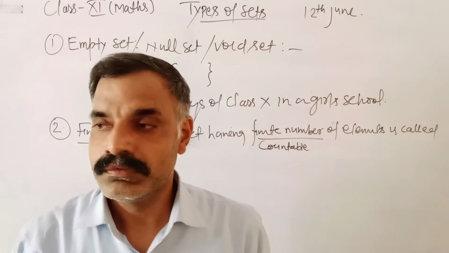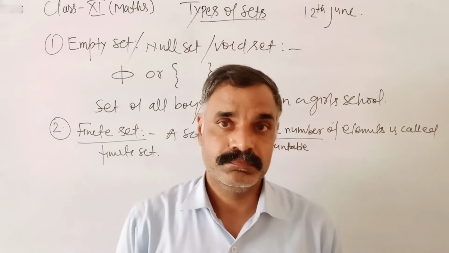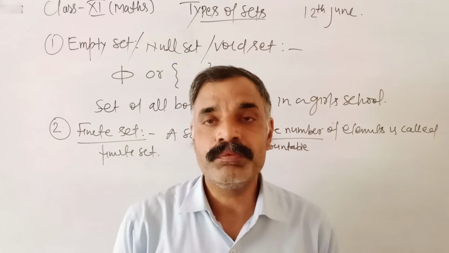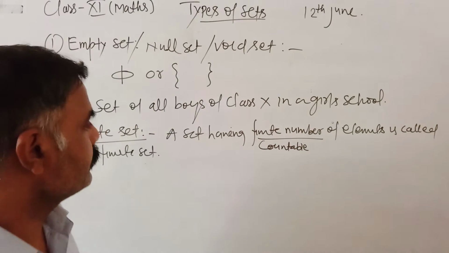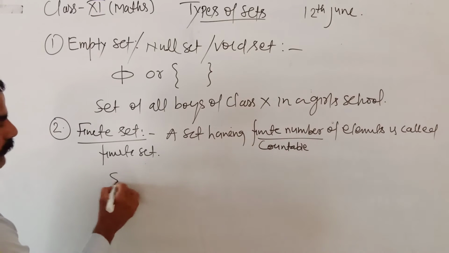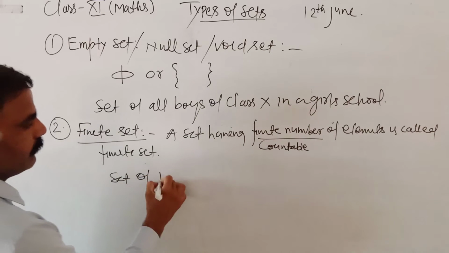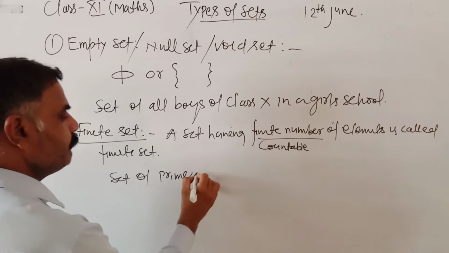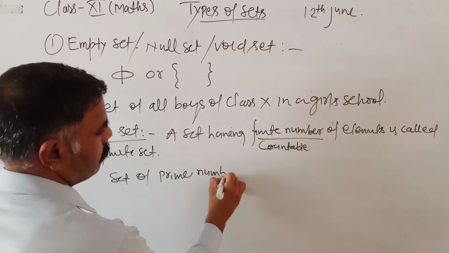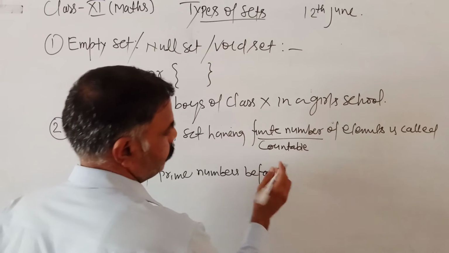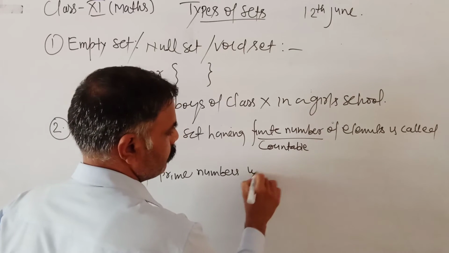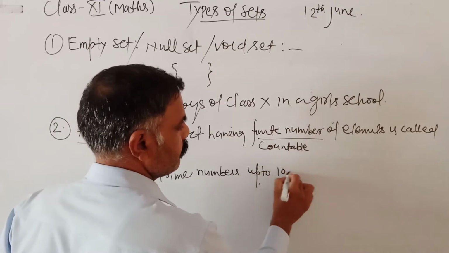An example of this set, for more understanding of the concept, is the set of prime numbers up to 100.